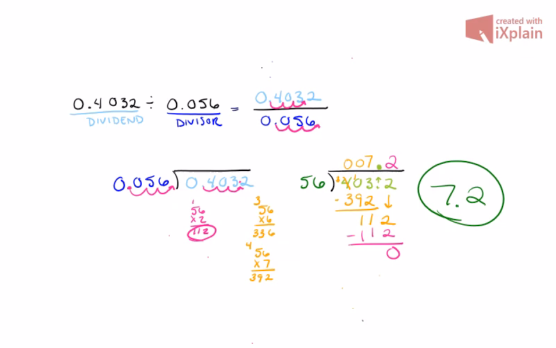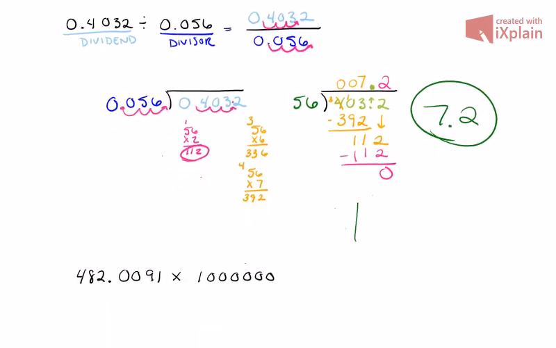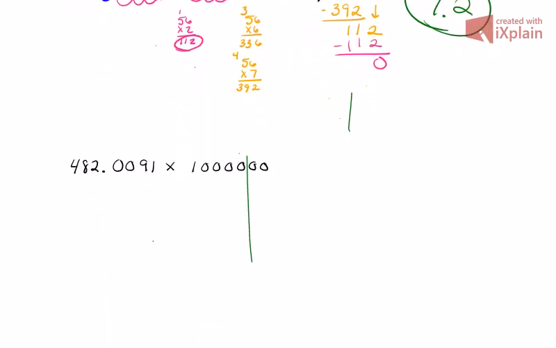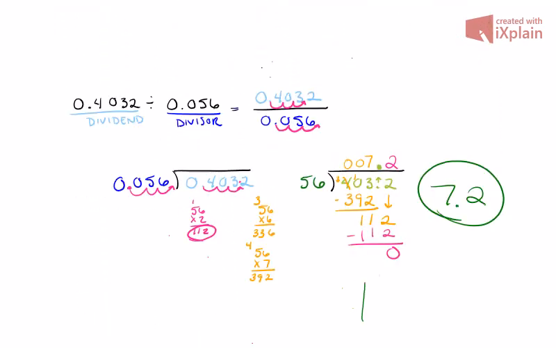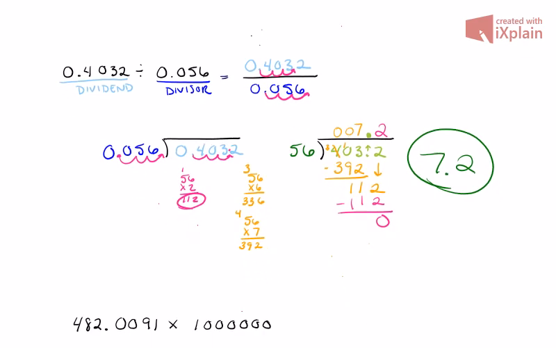All right, last one, everyone. So let's keep going up. Let me get rid of those lines first. Work with me here. All right. So we finally have 482 and 91 10,000ths times 1 million. And if you need to, always feel free to add those commas in.